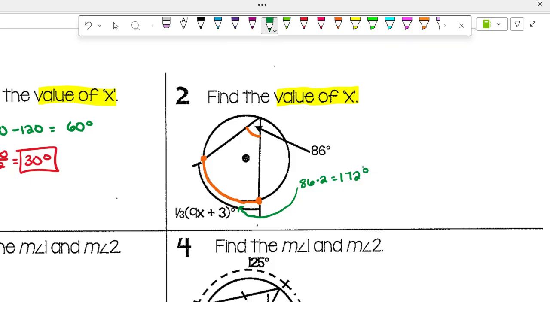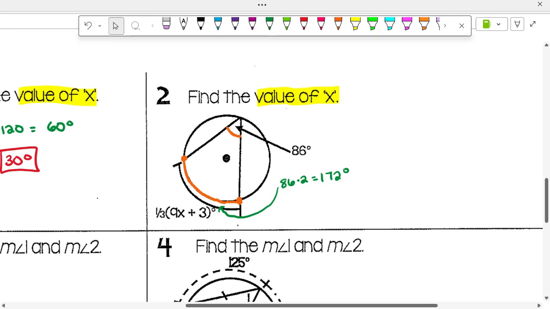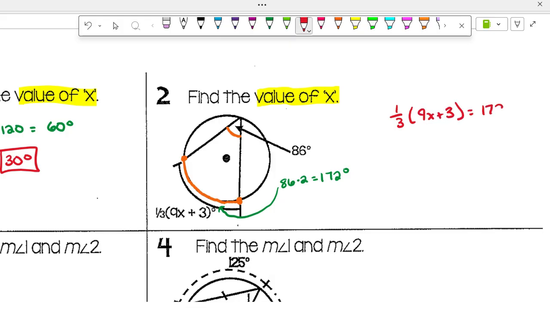All right. So this arc is equal to 172 degrees. So what do you think I'm going to do to solve for x? Set it equal to 172. So I have 1/3 of 9x plus 3 is equal to 172. So what do I do first?